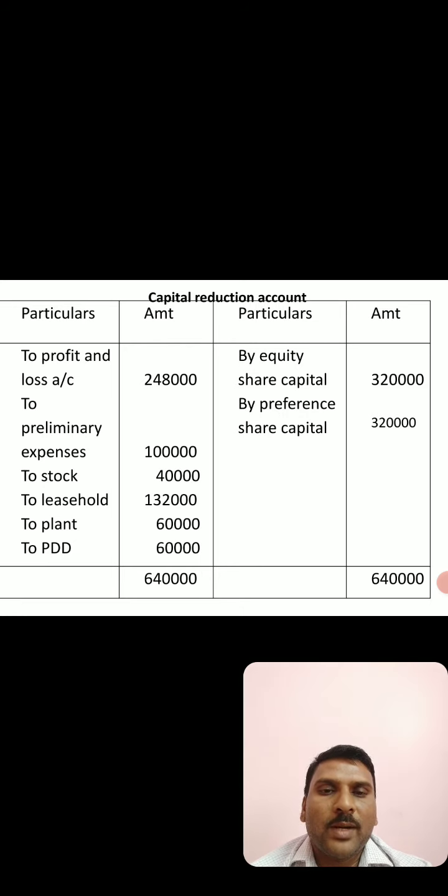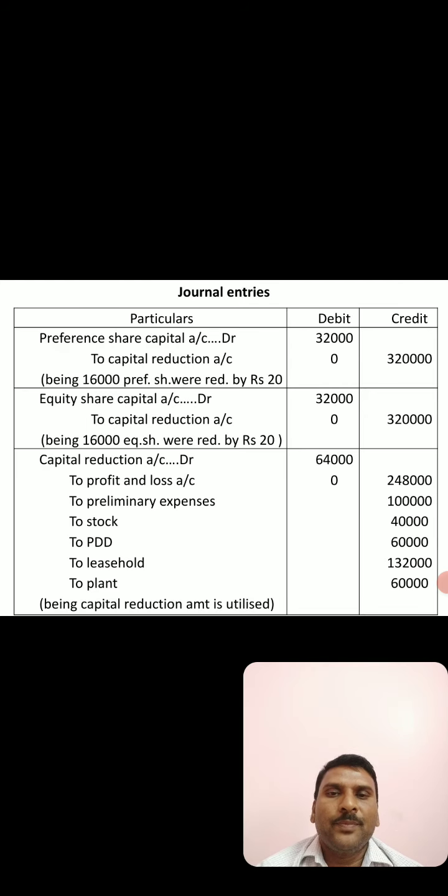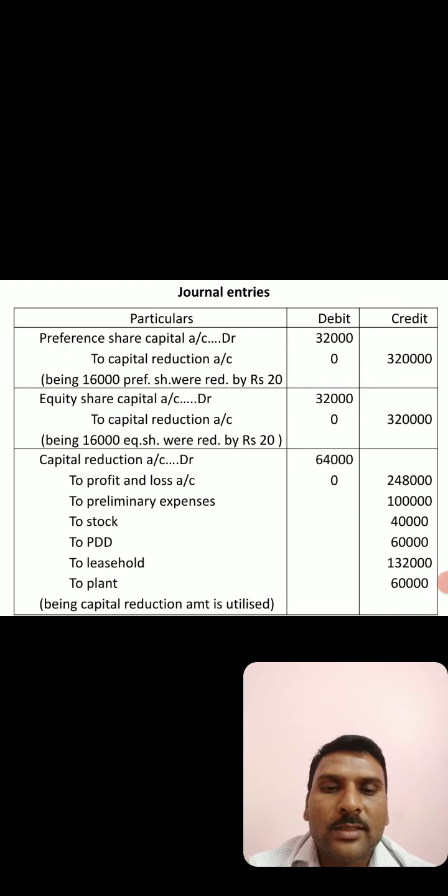Now we have to pass the journal entries. First of all, the first journal entry is the sacrifice made by the preference shareholders. As per the problem, the face value of share was 50, but after internal reconstruction the face value is reduced by 20 rupees, means it is reduced to 30 rupees.